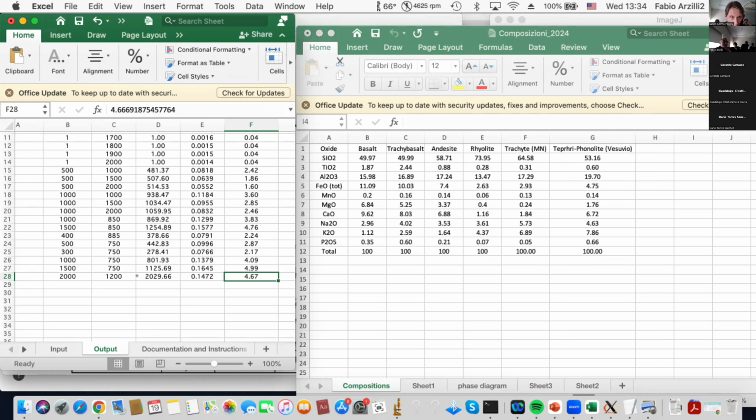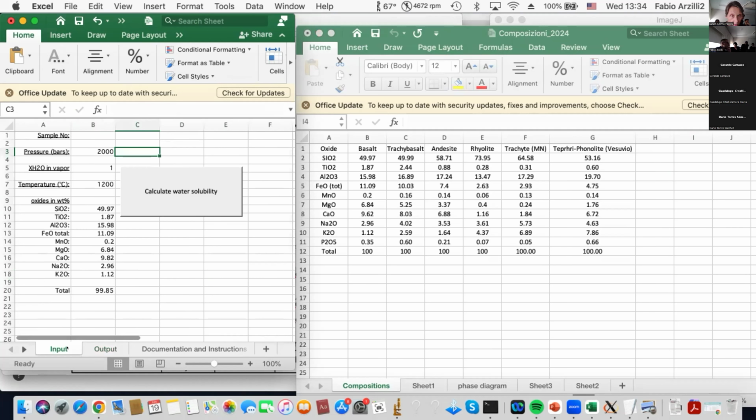With the basalt, yes. So here it is unblocked.